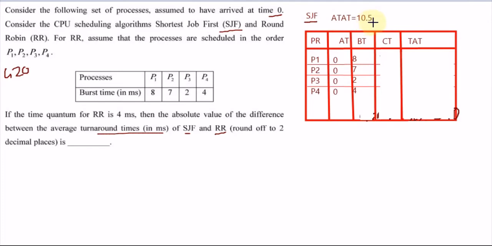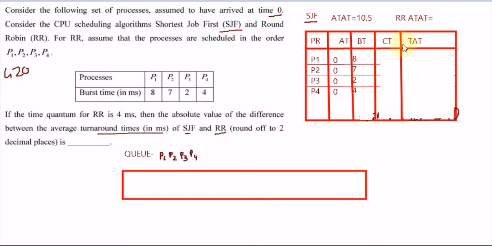Now we are going to check round robin. We need to make our Gantt chart for RR, and the time quantum here is 4 microseconds. In round robin we need to have a queue.